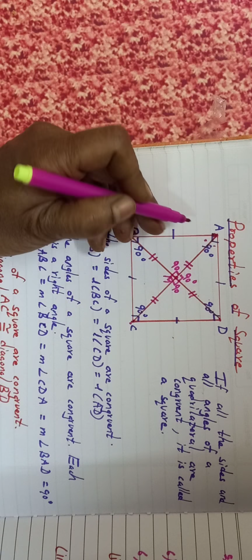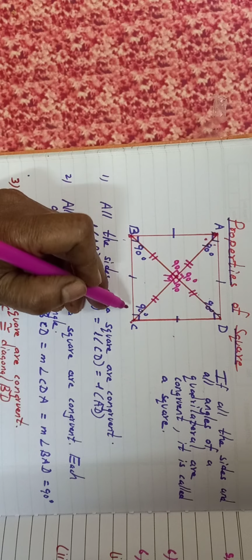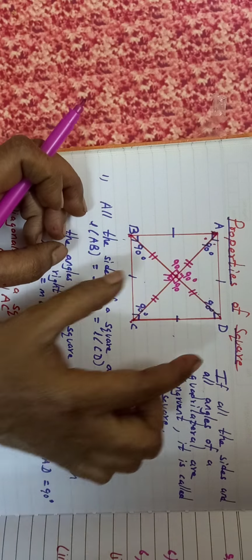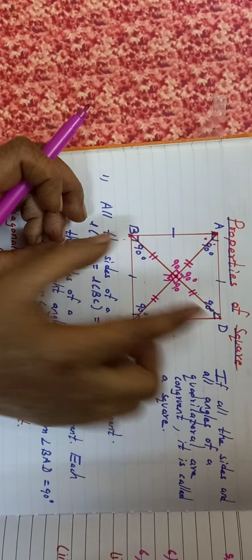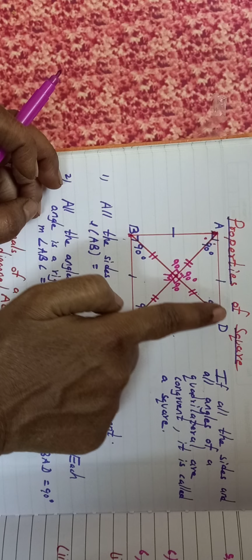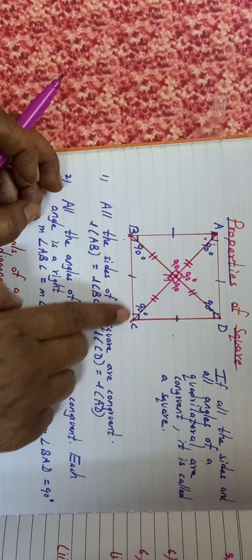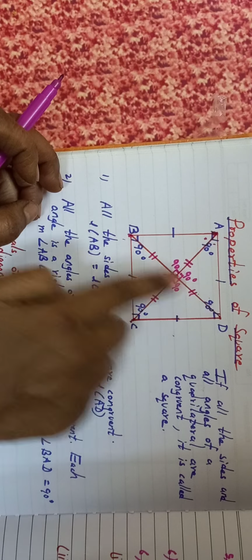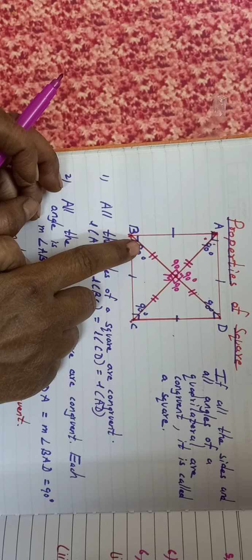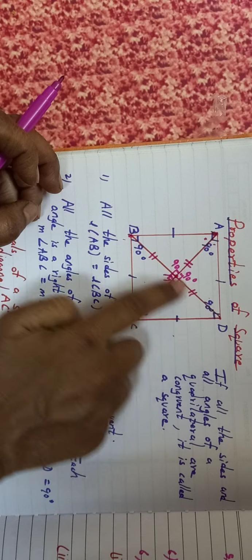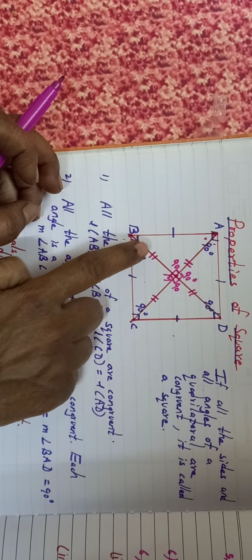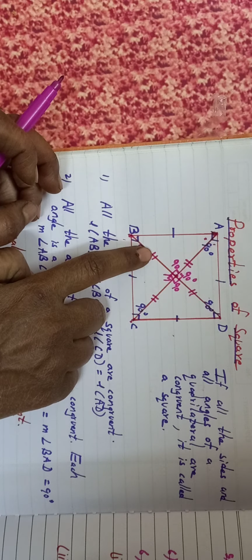So it is bisecting the opposite angle. So ABC, if I take, this is my diagonal BD, angle ABD will be equal to angle CBD. Both these two angles will be congruent because BD is the bisector. Bisector divides the angle into two equal parts.